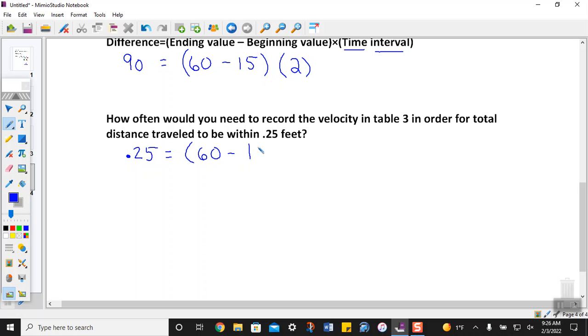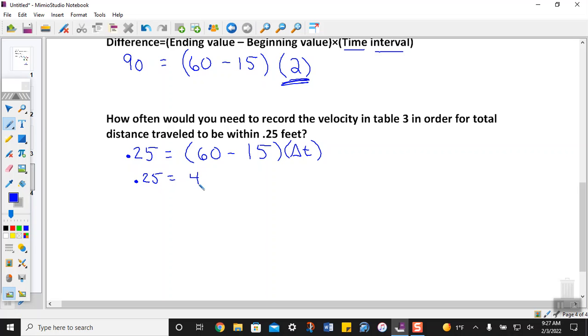What we're trying to solve for is, up here we were going every 2 seconds. We need to know what the new time frame is, so that the left and right-hand sums are within 1/4 of a foot of each other. You think those would be good estimates then? Here's the idea that comes from this. This becomes 0.25 is equal to, you guys read it in parentheses, 45?